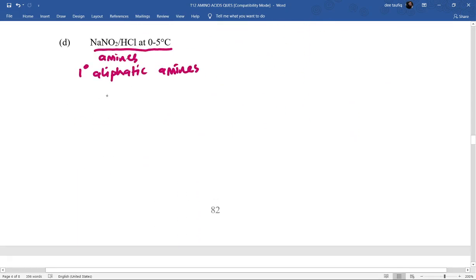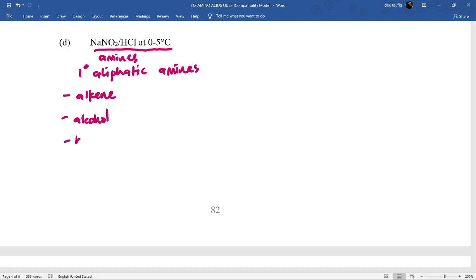So for a primary aliphatic amine, we will get a mixture of products. The first one is alkene. And then we have alcohol. We also have haloalkane. And then we have nitrogen gas.